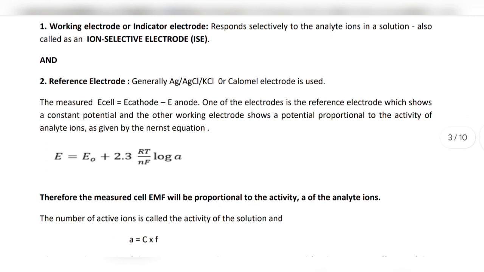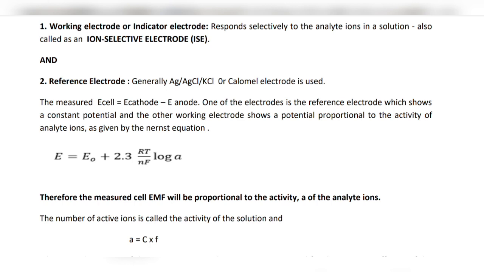And the cell potential E is related to the activity by the Nernst equation: E is equal to E0 plus 2.303 RT divided by nF log A. Here A is the activity of the analyte ion.